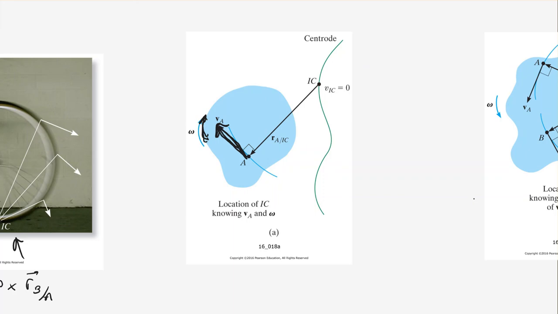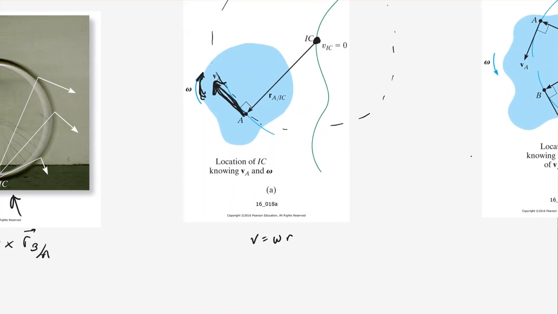Then there's some point back here that's an instantaneous center that this is technically spinning around. You can find that from the fact that r is equal to v over omega, right?